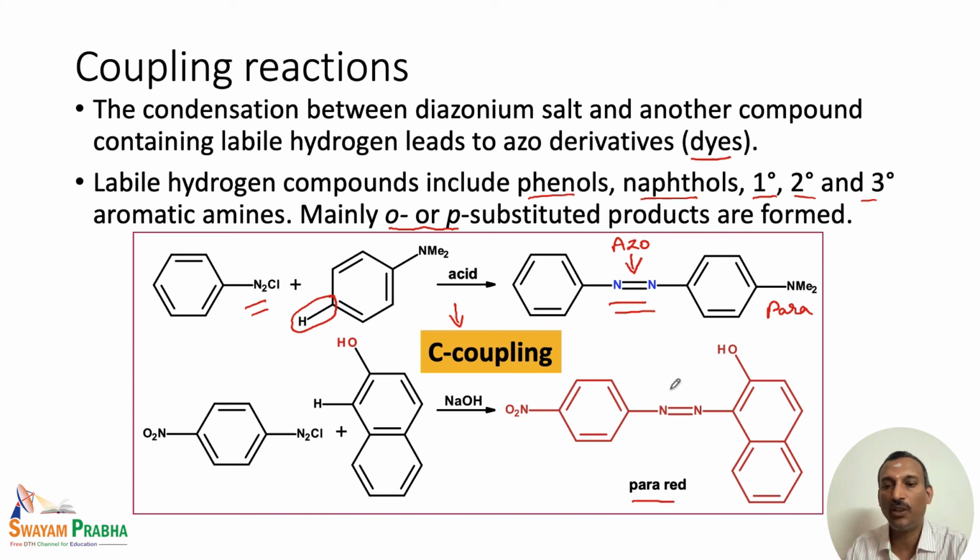The color of this compound is red, and the hydrogen in the ortho position to the naphthol hydroxy unit is the hydrogen that is being replaced. Here is the N double bond N compound, so the nitrogen is retained in the final product. This is an example of reactions in which the diazo nitrogen is retained in the final product.